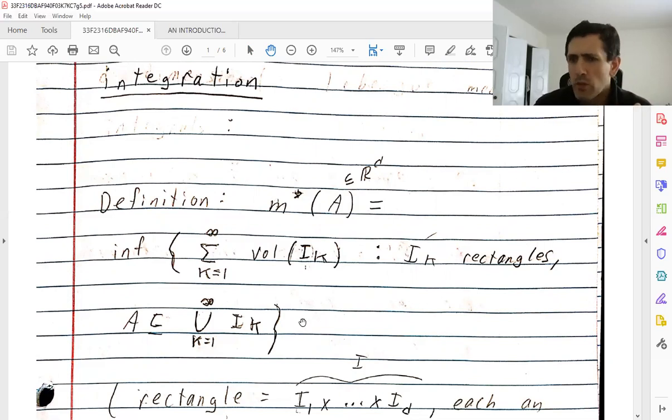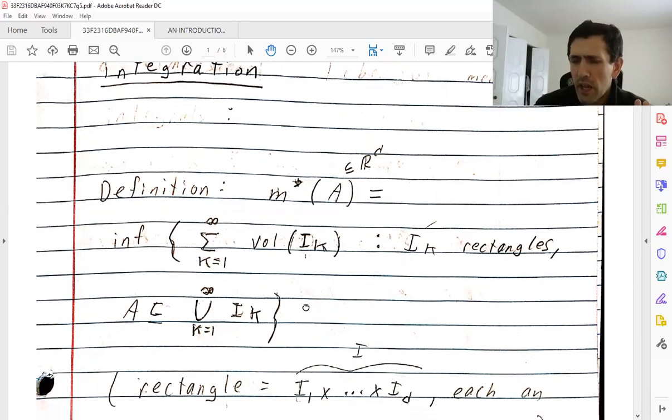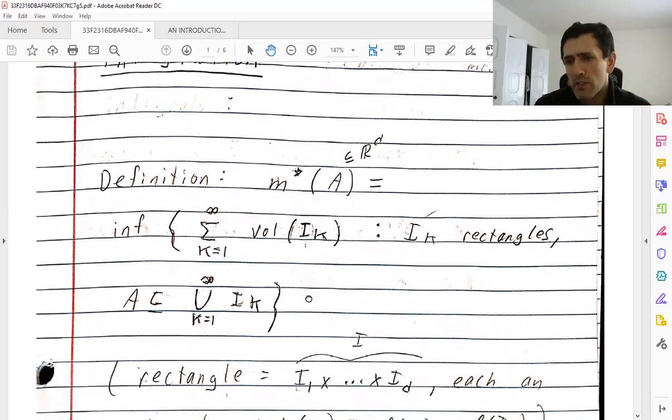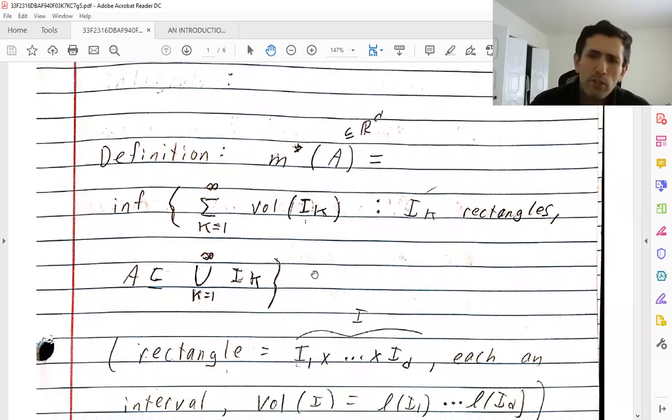But what's a rectangle here? Just like in Calc 3, when d equals 2 or 3, it's a box or a rectangle. But anyway, it's just a product of intervals. Some of them could be open, some of them could be closed, you could have a mix of open and closed. It's just a Cartesian product of intervals. You have d of them, so this is a subset of R^d.